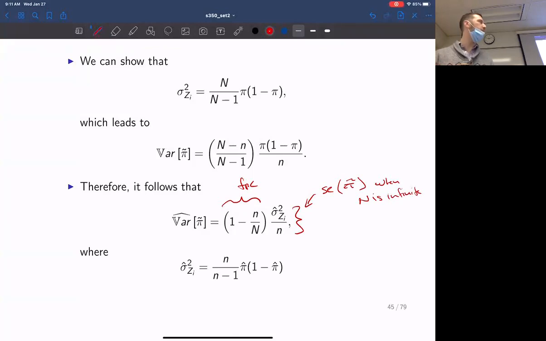But the form is pretty much exactly the same, which is the big takeaway here. So our estimation of a proportion is going to act very similar to our estimation of a population mean.